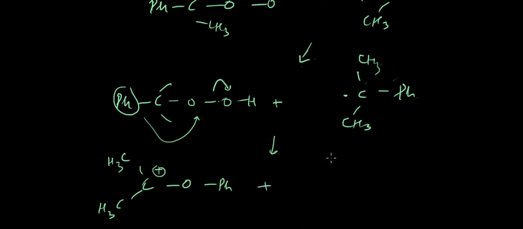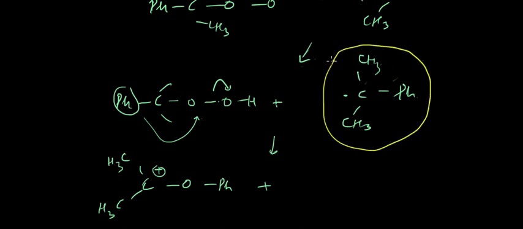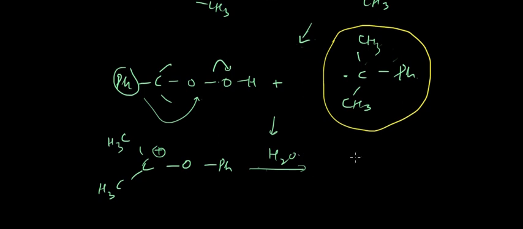Another cumene free radical is also there in this reaction, which will further be attacked by an oxygen molecule to again form the intermediate. So what will happen in this case is the water molecule will attack on this, and we'll get something like OH and OPh.